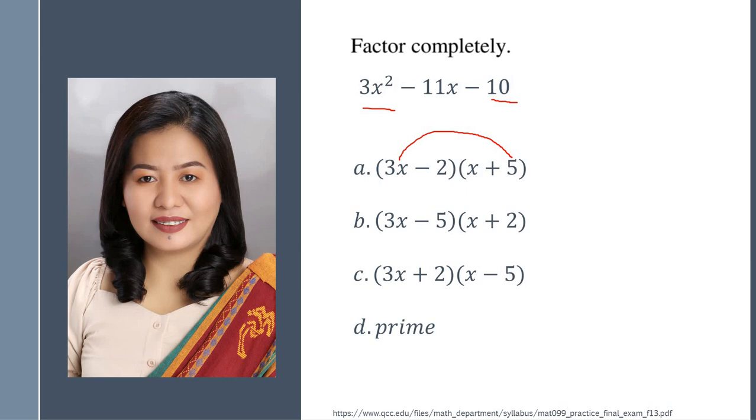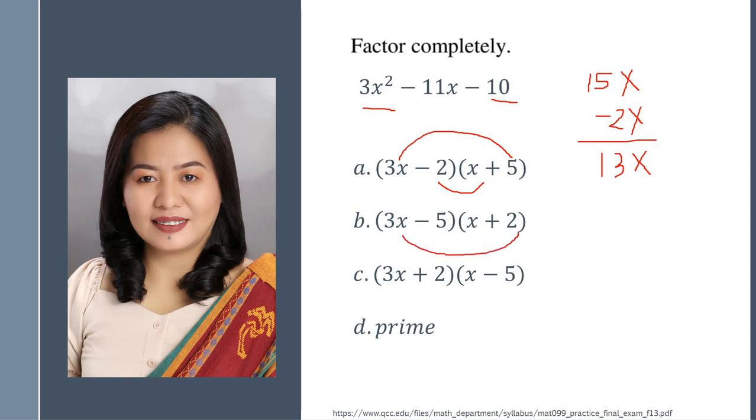So 3x times 5x, that's 15x. Negative 2 times x is negative 2x, and it will give us a difference of 13x. So letter A is not the correct answer.